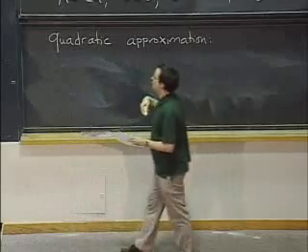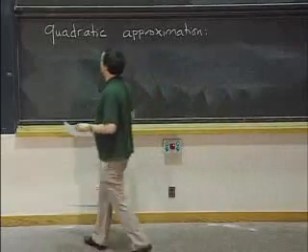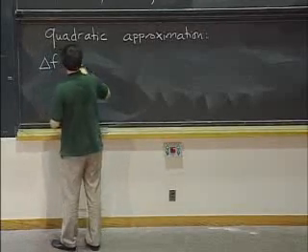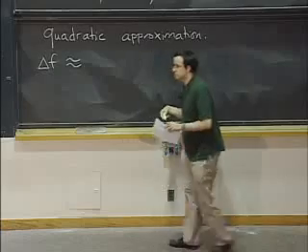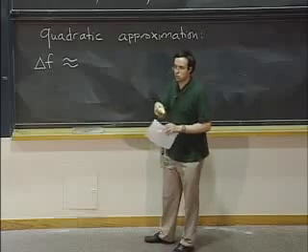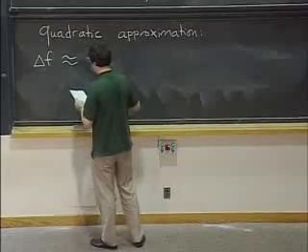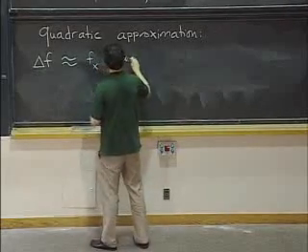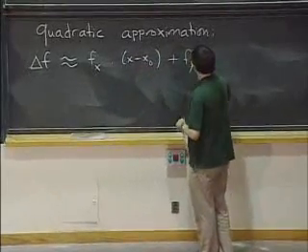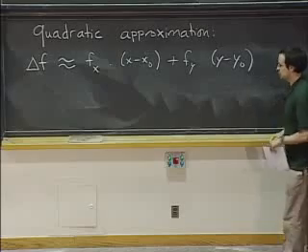It tells me that if I have a function f of x, y, and I want to understand the change in f when I change x and y a little bit, there are the first order terms, the linear terms that by now you should know and be comfortable with. That's f sub x times the change in x, and then f sub y times the change in y. Okay, that's the starting point.